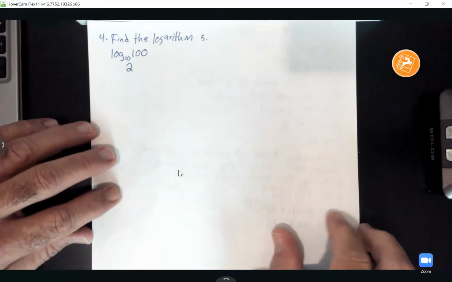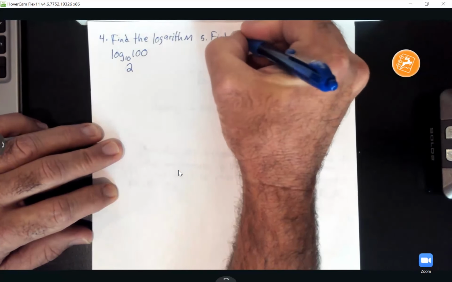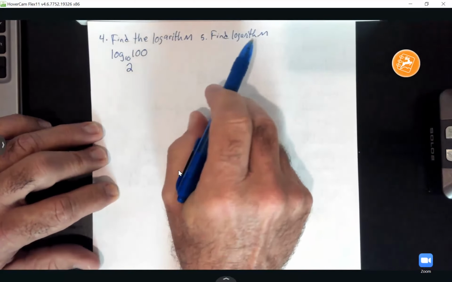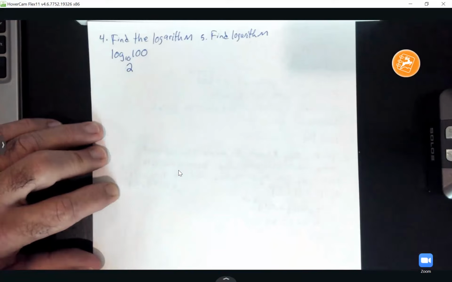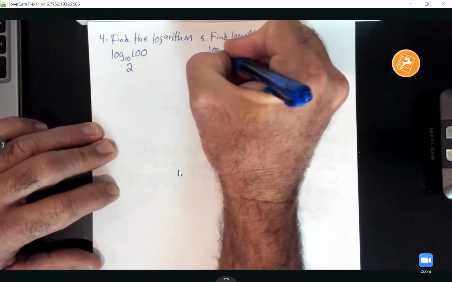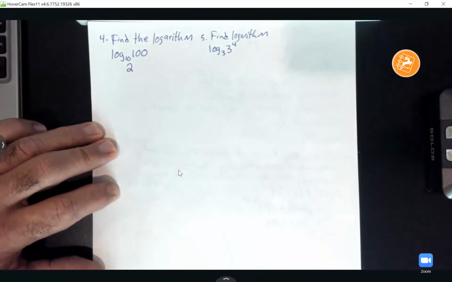All right, 5, find the log again. So there's going to be a few where we find a logarithm, okay? And remember, when you're finding a logarithm, you're basically finding exponents. So this one has the log base 3 of 3 to the 4th.